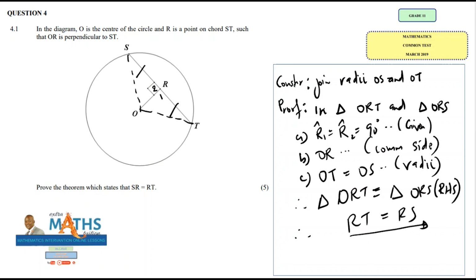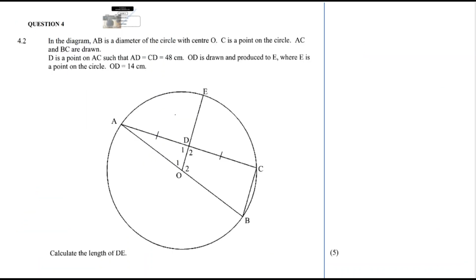You can conclude that. That's how we get these 5 marks, guys. It's your first mark for construction, these 3 marks which sum up to 4, and your 5th mark for stating which rule you used in terms of congruency. I hope you understood, and let us proceed now to the practical examples on this theorem.